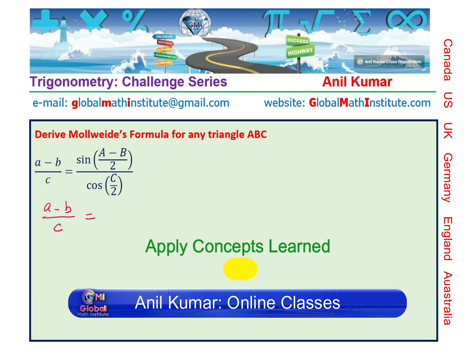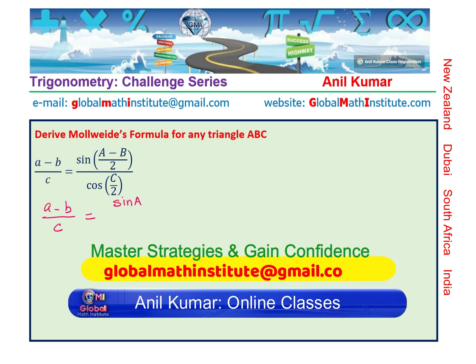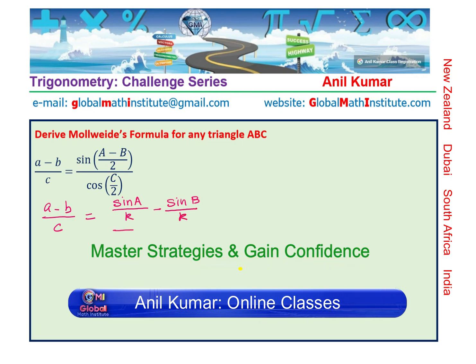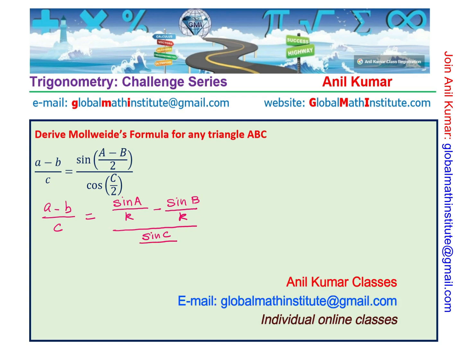Using sine law, a can be written as sine of capital A over constant minus sine of capital B over constant, and the denominator being sine of capital C over constant. K cancels, we get sine A minus sine B over sine C.